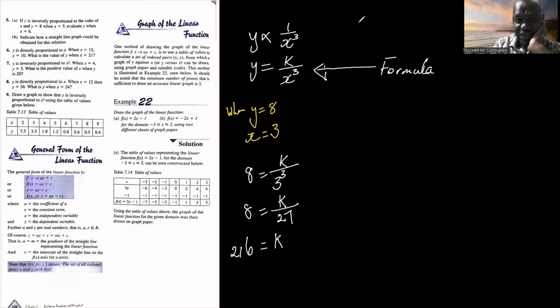So find your value for Y. Antonio, yes, that's K. Yes, Ezekiel, you have to put Y equals to that. Matthias, yes, correct.